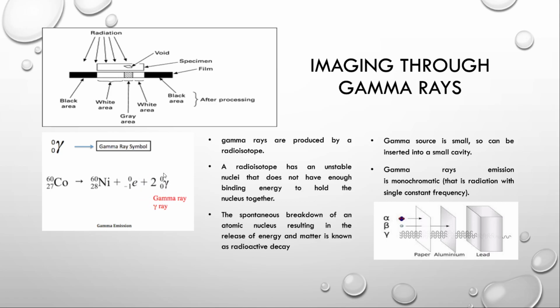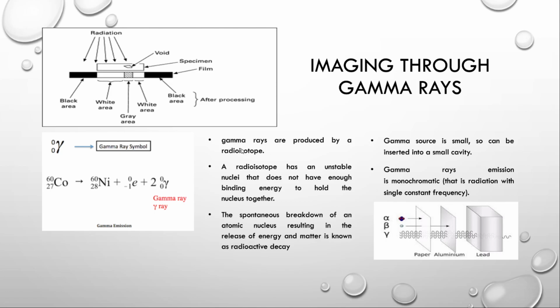These gamma rays have very high energy and high frequency. As you can see here, there are alpha rays, beta rays, and gamma rays. While alpha and beta can't penetrate much, gamma rays, due to very high energy, will penetrate a long distance. As you can see, they penetrate paper, aluminum, as well as lead.